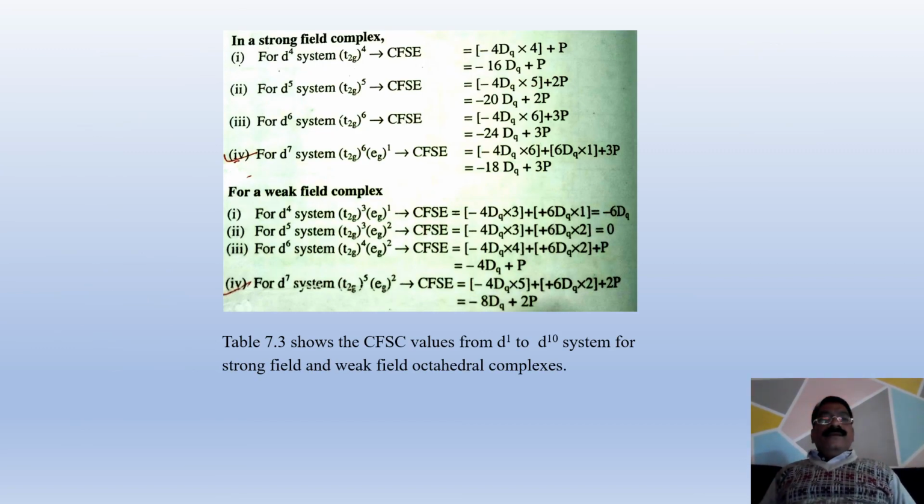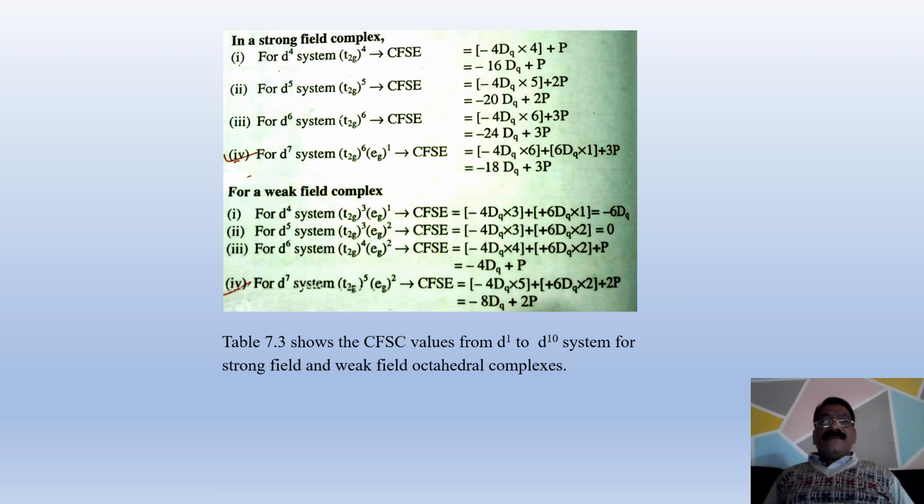In strong field for the d4 system, all electrons are in the t2g, the t2g4 configuration, and therefore it is minus 4 into 4 plus 1 pairing. D5 system, minus 4 Dq into 5 plus 2 pairing is equal to minus 20 Dq plus 2 pairing.